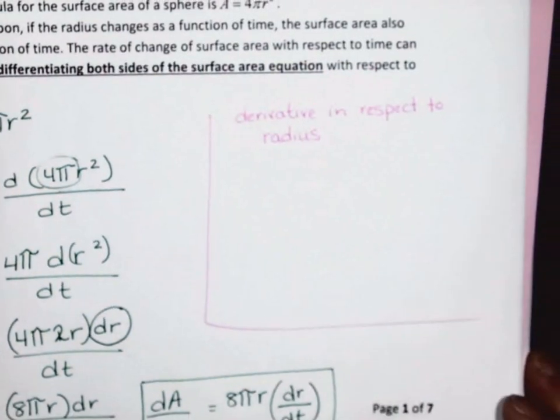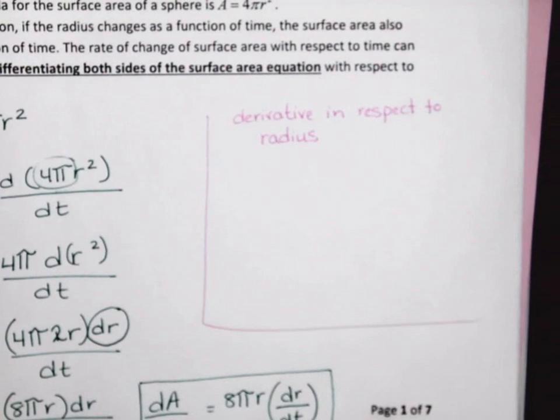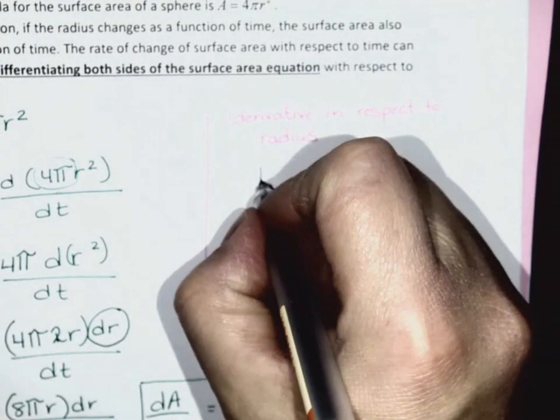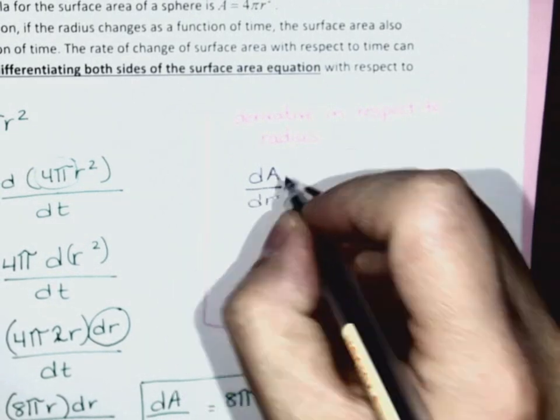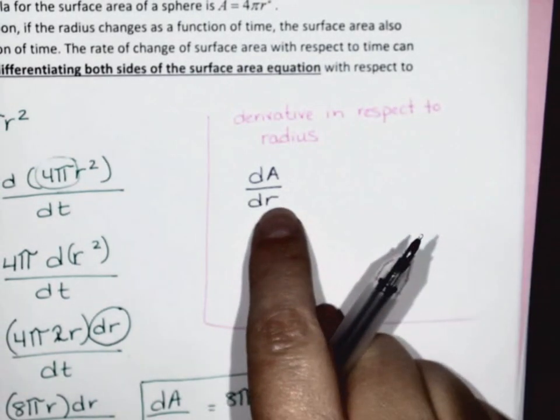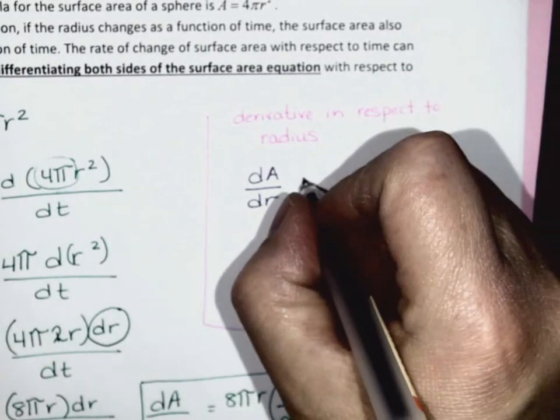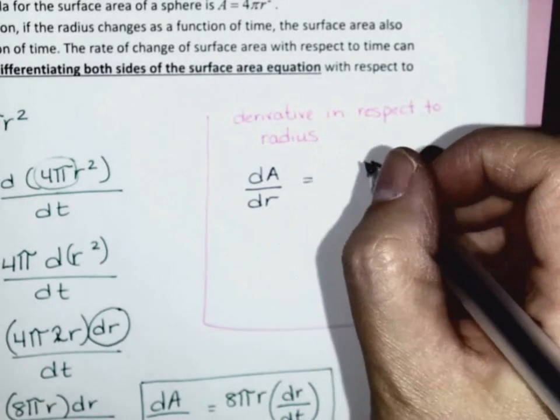If we did the derivative with respect to radius, oh, that pink's really hard to see, sorry, let me grab a different color. Go dark blue. If we did that with respect to the radius, this is going to be dA. So we're differentiating with respect to radius, and that would just simply be your rules.